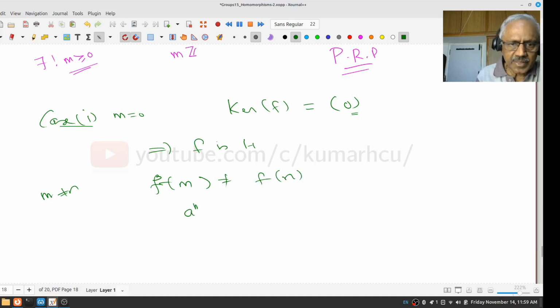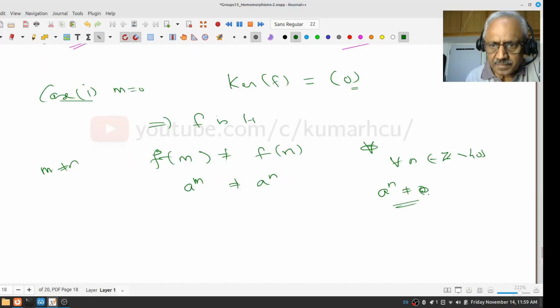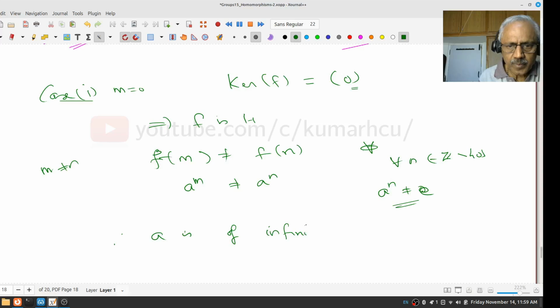That means a power m is not equal to a power n, and for every n in Z not equal to 0, a power n is not equal to identity. That means a is of infinite order. Order of a equal to infinity. Is that clear?